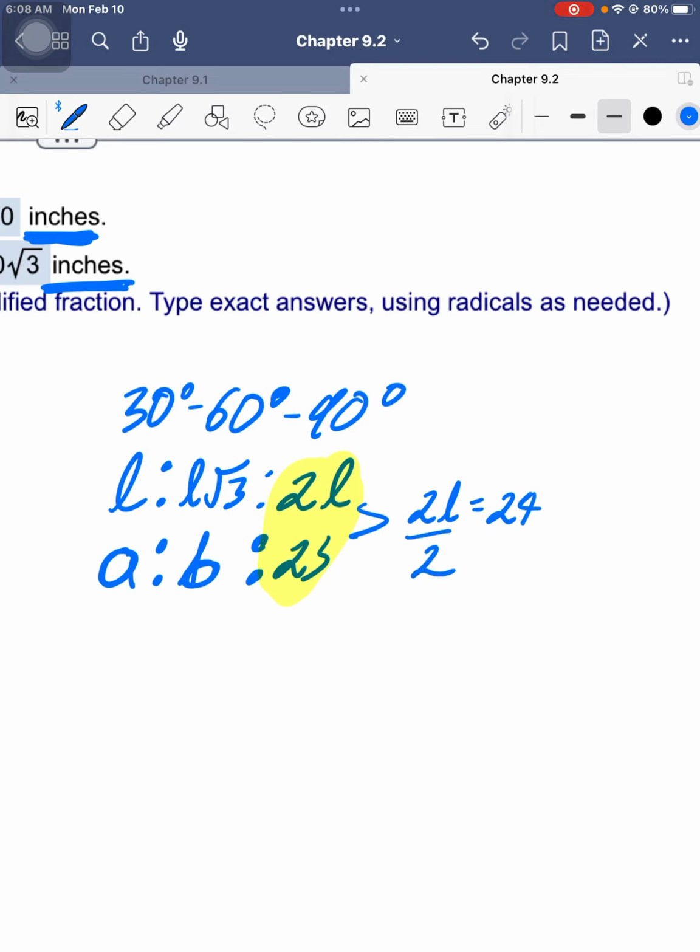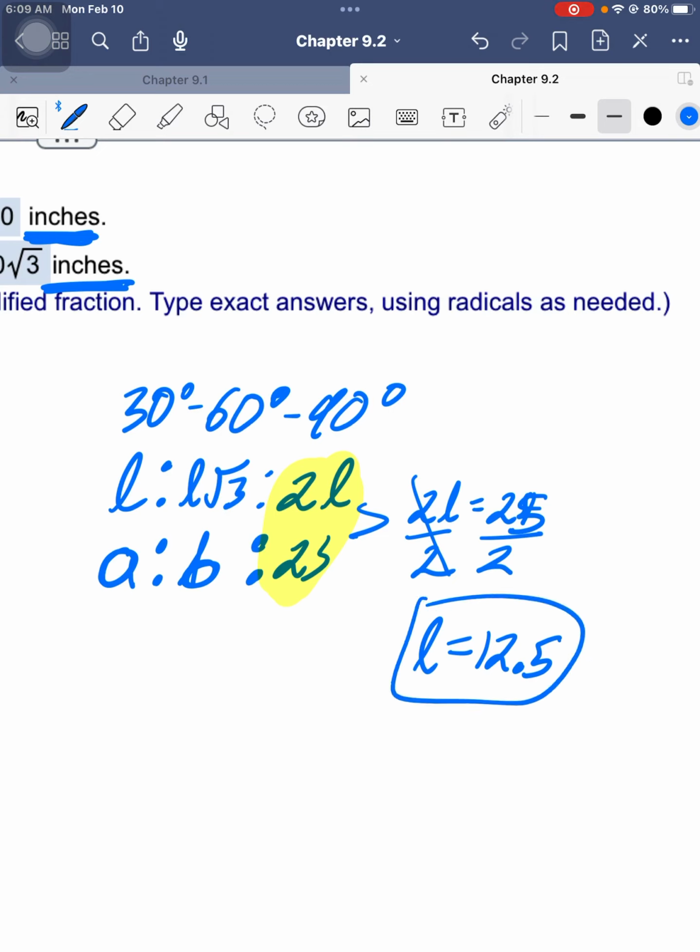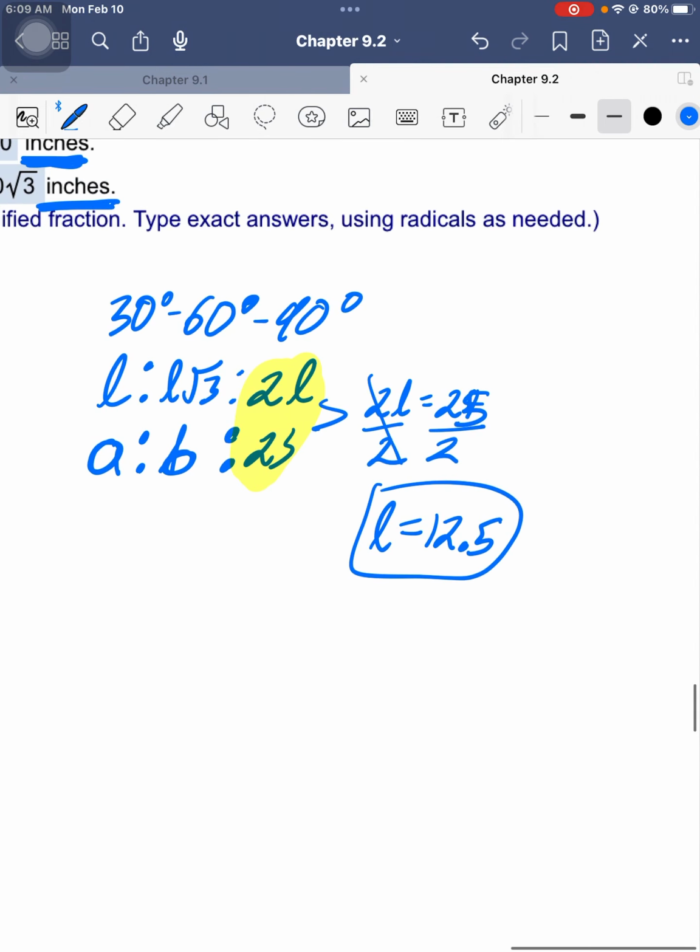2L equals 25, divided by 2. So L should be what? 12.5, right? 12.5. So if L is 12.5, so I'm going to change this 12.5 feet into inches.